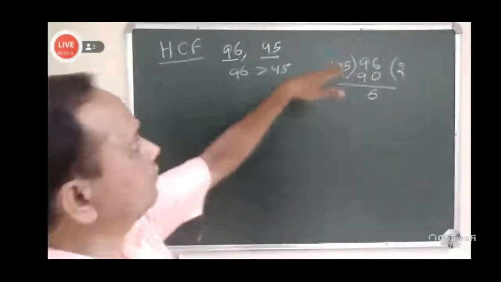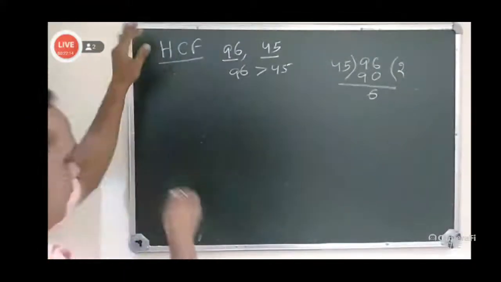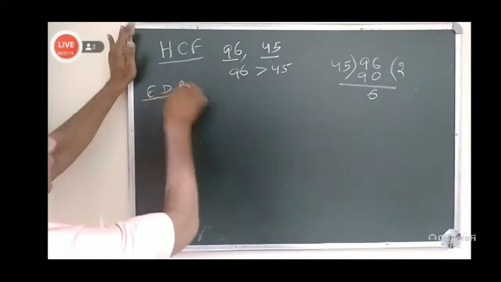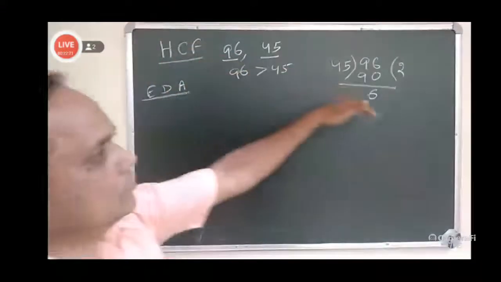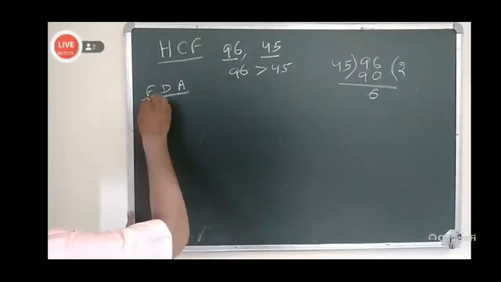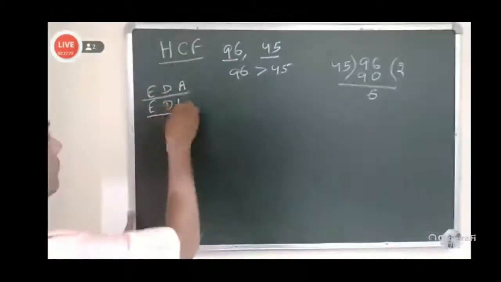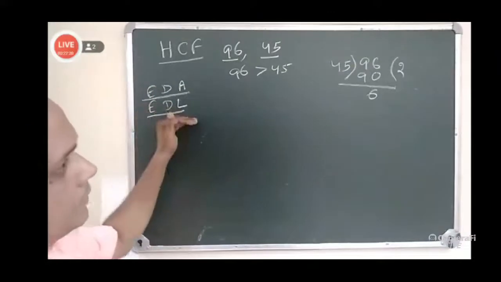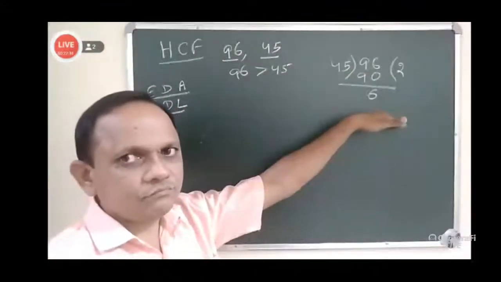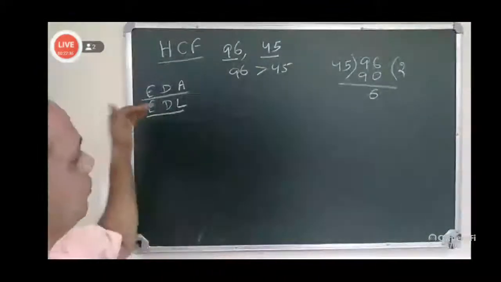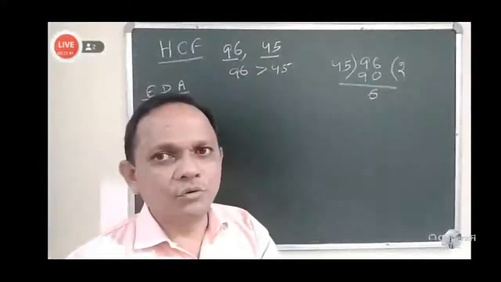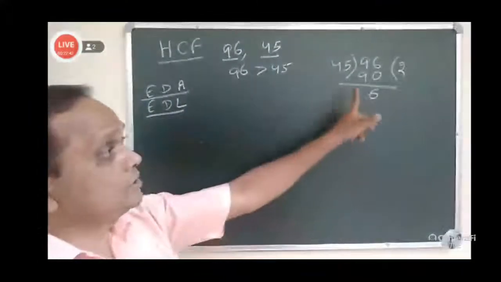In Euclid's division algorithm, EDA, the division process does not stop at this place, though according to EDL, Euclid's division lemma, it would stop here. According to the algorithm, the remainder is not 0, and the process stops only when the remainder is 0.